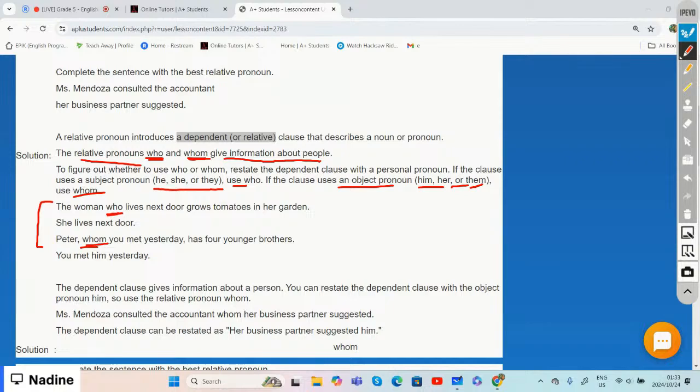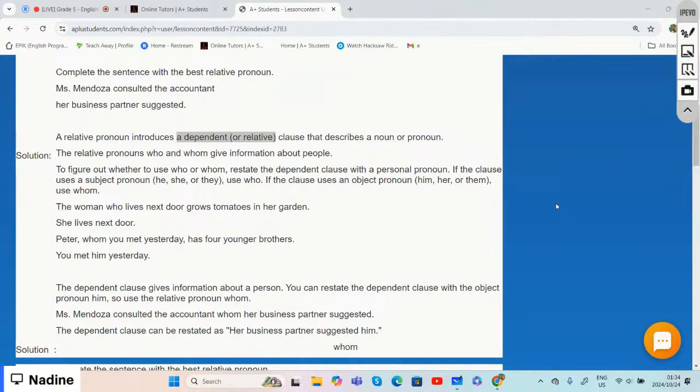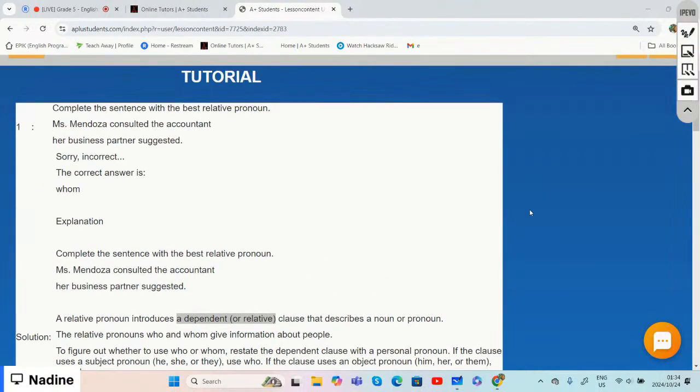All right. So before we go on to our test, where we are going to identify who or whom, we're going to do an activity. We need to complete the sentence with the best relative pronoun.